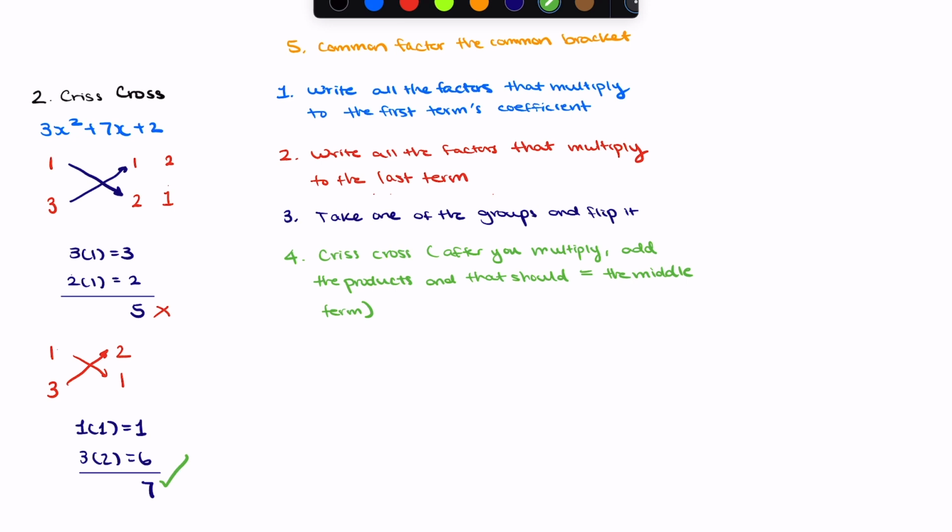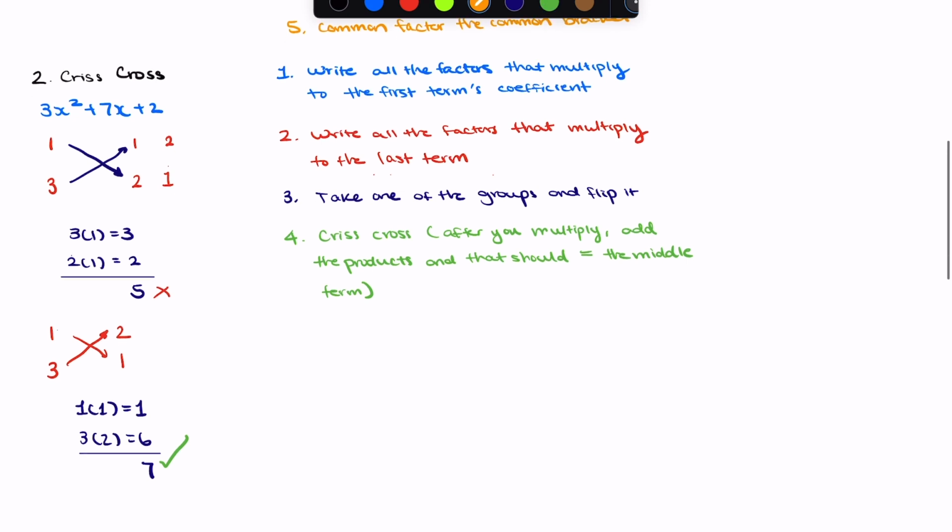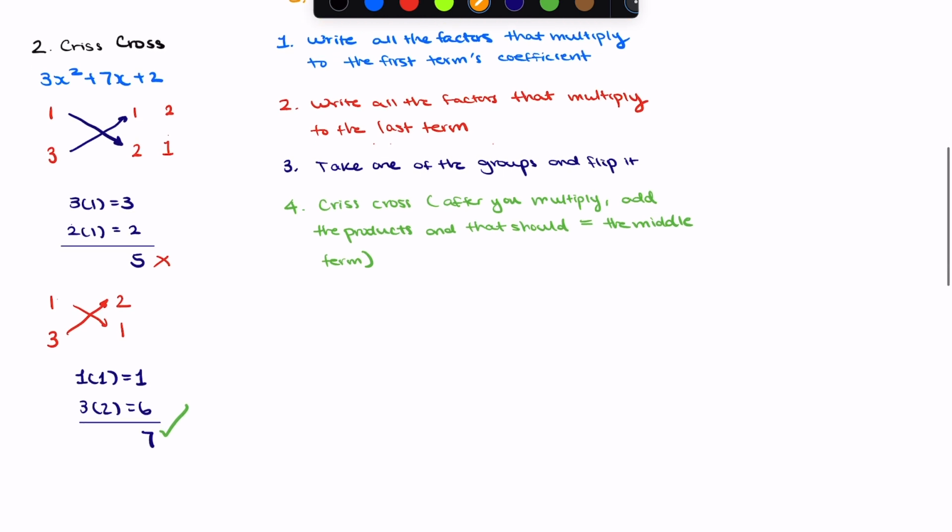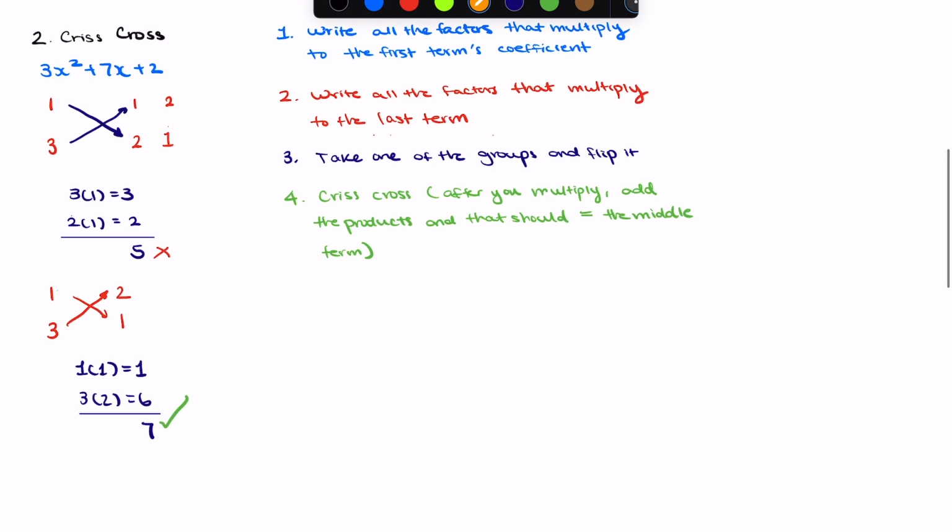So once you've found the correct factors, the last step is that we simply write out the actual expression. So the top two numbers form the first factor. And the bottom two form the second factor.